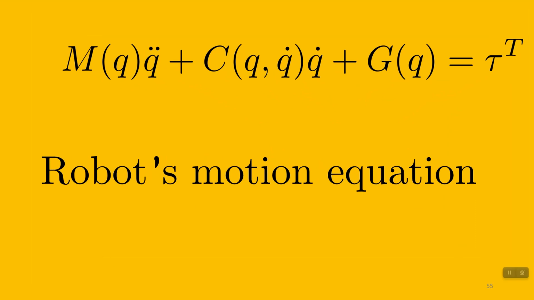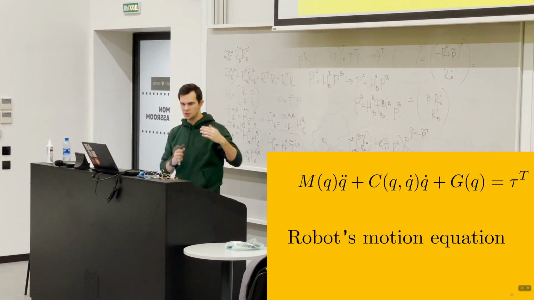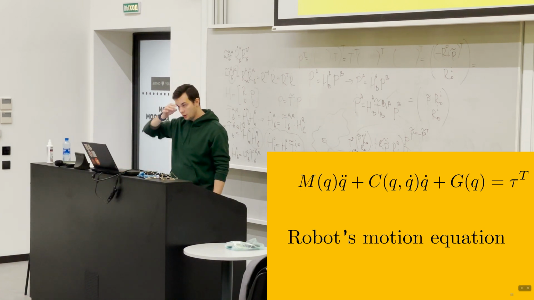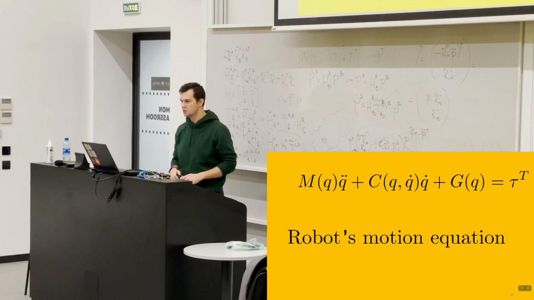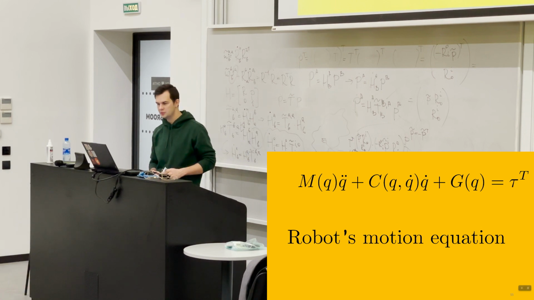Now if we try to compute the whole equation, we already know M. M is just the sum of m of each link. The only thing we need to calculate is the matrix C and J. J is the gravity. It will be just the partial derivative of the potential energy, and that's it. The only thing that actually needs to be computed is the C matrix.